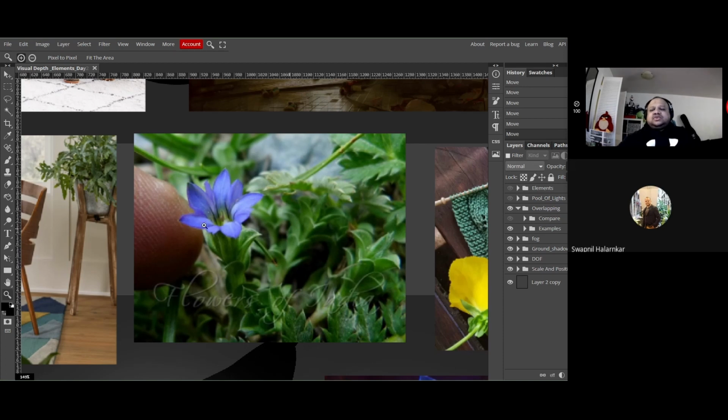But now that the flower is overlapping the finger, we know this is the scale. It also helps us resolve that the finger is big and the flower is small. So overlapping can help you with scale also sometimes.